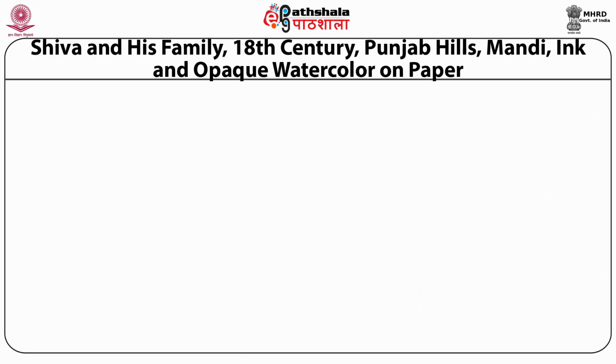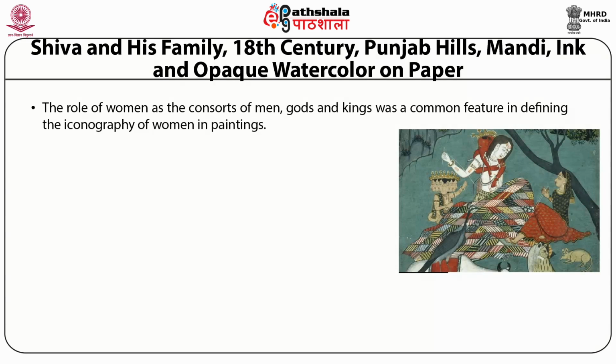The family unit is successfully depicted in miniature painting. The role of women as the consort of gods and kings was a common feature in defining the iconography of women in paintings. The development of the family unit through visual interpretations gave insight into the reflection of a family in society.